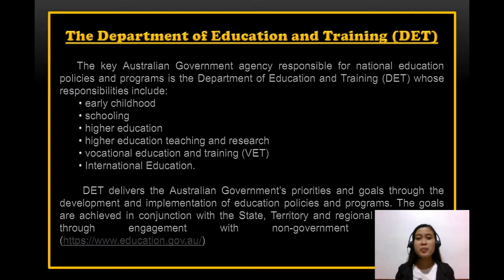It develops and implements education policies and initiatives to meet the priorities and aims of the Australian government. The objectives are met via working with state, territory, and regional networks as well as engaging non-government parties.